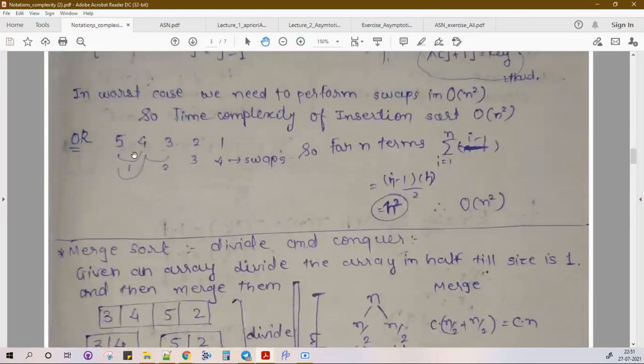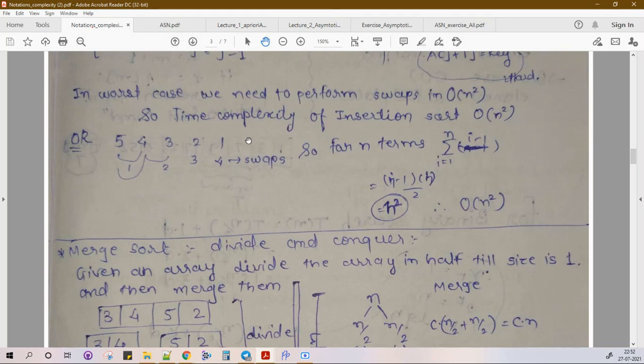See what happens is that the worst case is when every element is in descending order. Now, if it is in descending order, how many comparisons and how many swaps do I need to make? The iterations would be four, like 4, 3, 2, 1.